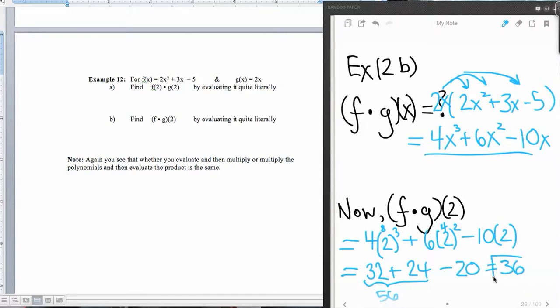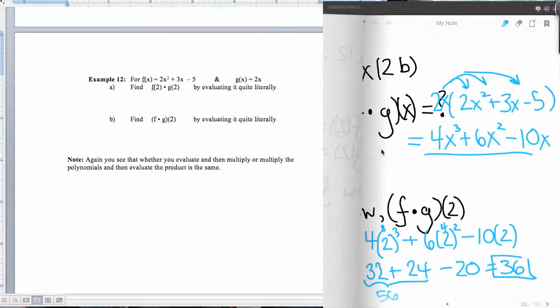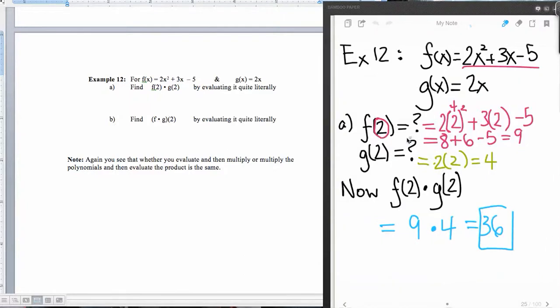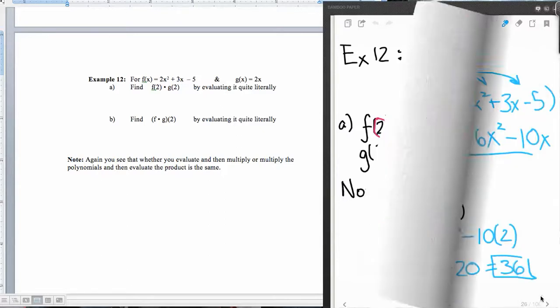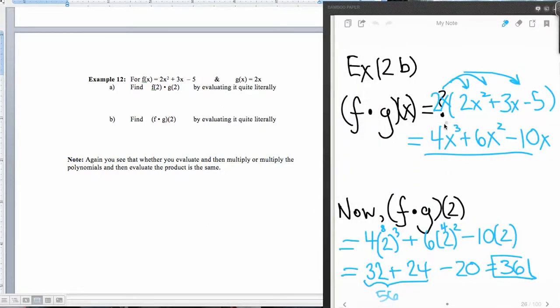Now remember that on the last one, where we quite literally interpreted f of 2 times g of 2 by finding the value of f of 2 and finding the value of g of 2 and then multiplying those to get 36, it's the exact same thing as if we had found the general function and then evaluated that general function at 2.